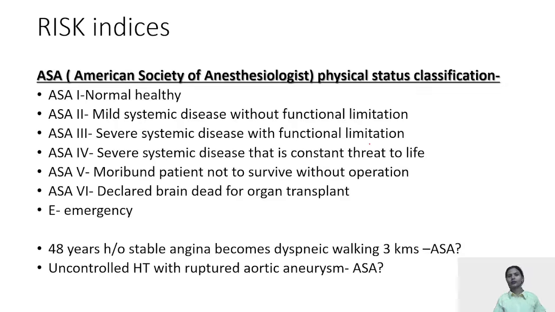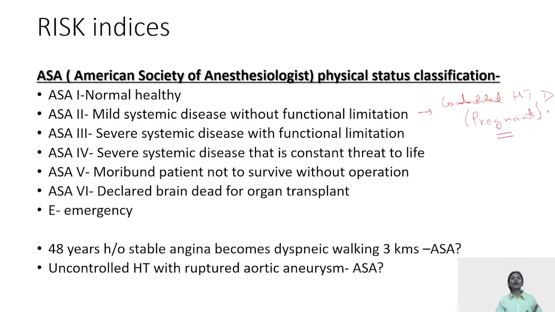ASA 1, normal patient, nothing. ASA 2, we have a mild systemic disease, but there is no functional limitation in the patient. In this category, we have controlled patients like controlled hypertensives, controlled diabetics, and most importantly, we have pregnancy.